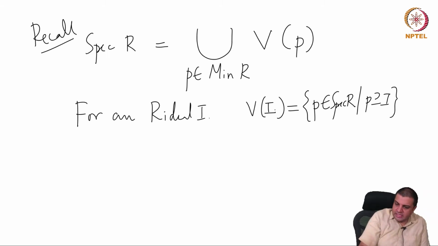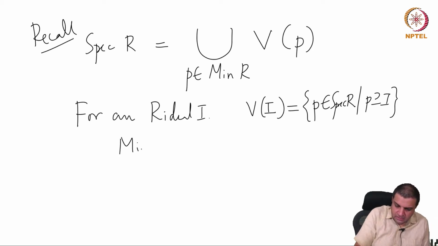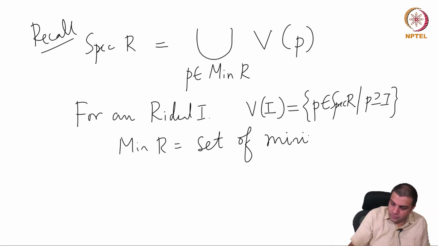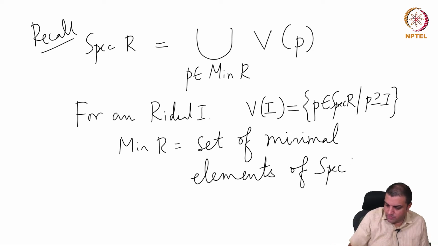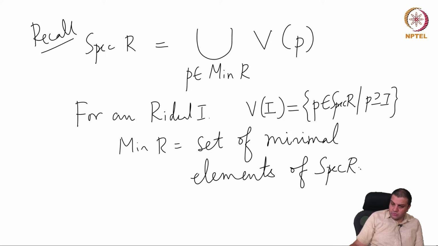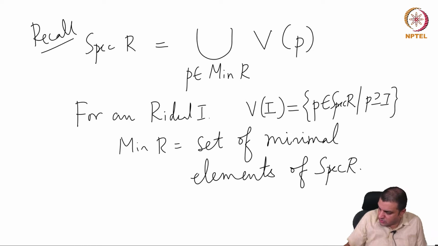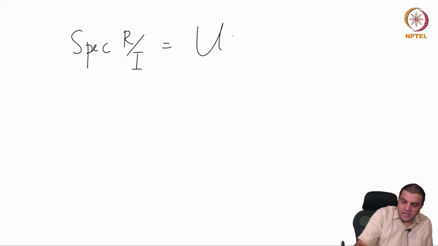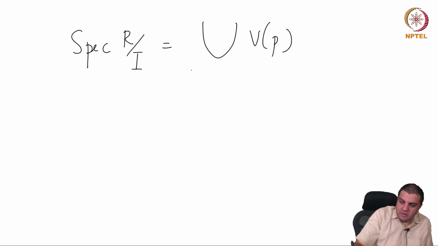And then Min R is the set of primes that are minimal, the set of minimal elements of Spec R. So we would want to understand these things, and in particular, we know that if we take Spec of R mod I, this is the union of V(P), where P contains I and is minimal with respect to that property.